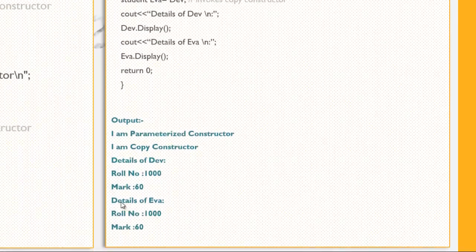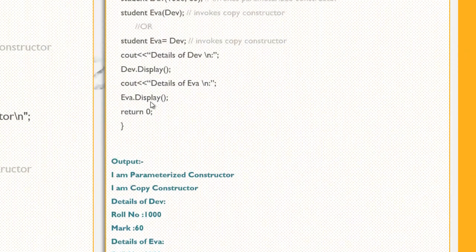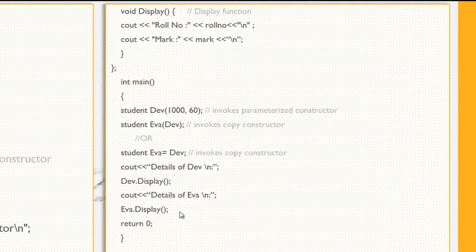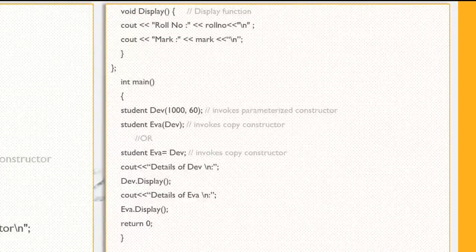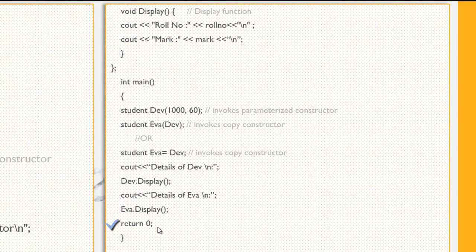So that would be the next sentence in the output terminal. The next statement in the main is Ava.display. This time, roll number and mark of Ava object is displayed. The roll number is 1000 and mark is 60. The next statement in the main is return 0. Program ends there.